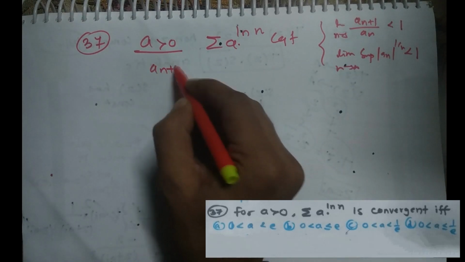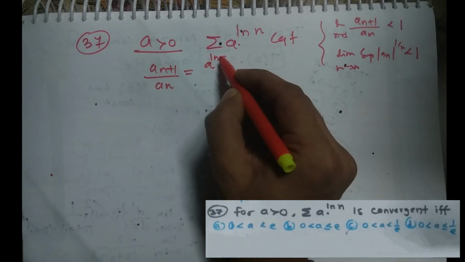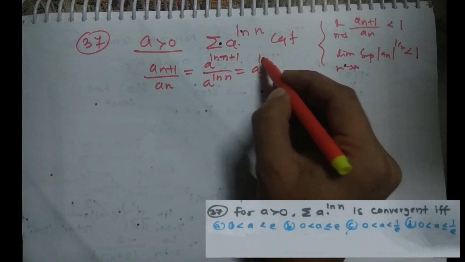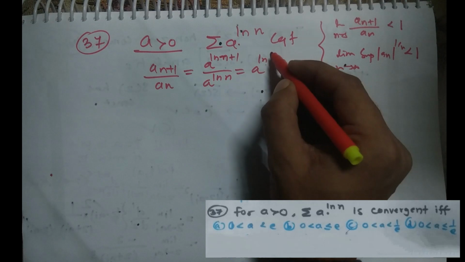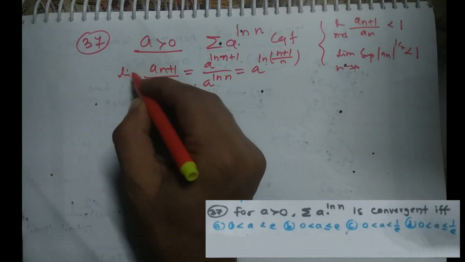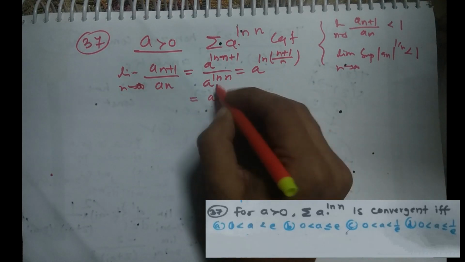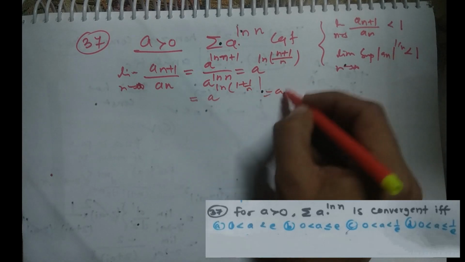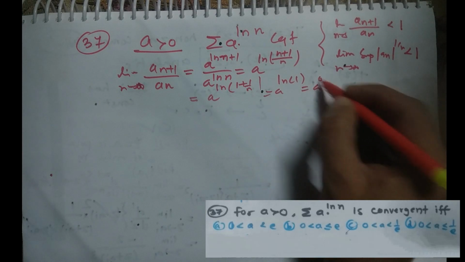If I apply ratio test, a_{n+1} upon a_n, which will be a raised to ln of n plus 1 upon a raised to ln of n, which is nothing but a raised to ln of n plus 1 minus ln n, is nothing but ln of (n plus 1) by n. If I approach a limit as n tends to infinity, then I am going to get ln of 1 plus 1 by n. This is 0, and ln of 1 we will left with, and ln of 1 is nothing but 0, so a raised to 0 is 1.